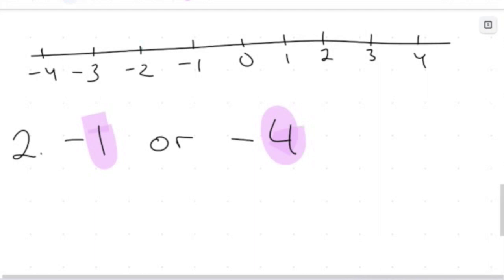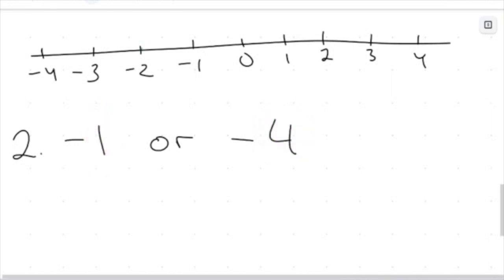But here, we're looking from the perspective of negative numbers. So -4 means it is further along in the negative direction, meaning it is a smaller number.